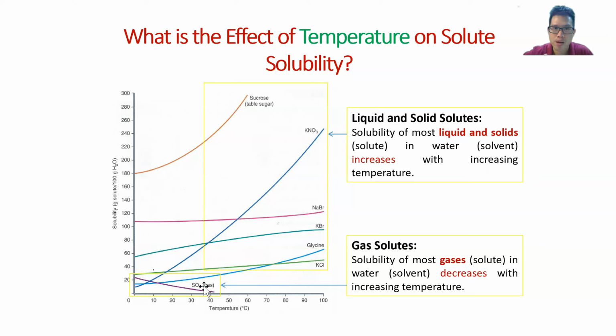So carbonated is CO2 in the solution. It actually dissolves more at colder temperature. So when the temperature goes up, it dissolves less. What is the impact? I will explain to you soon.